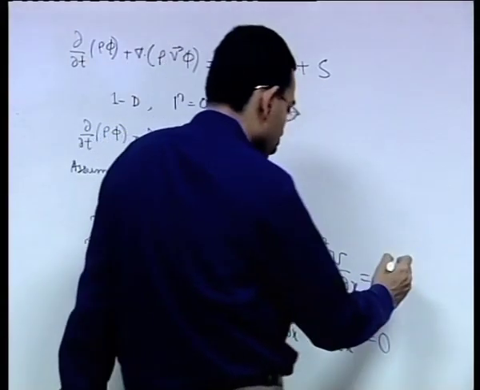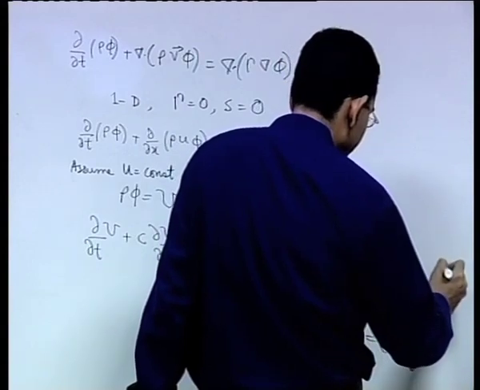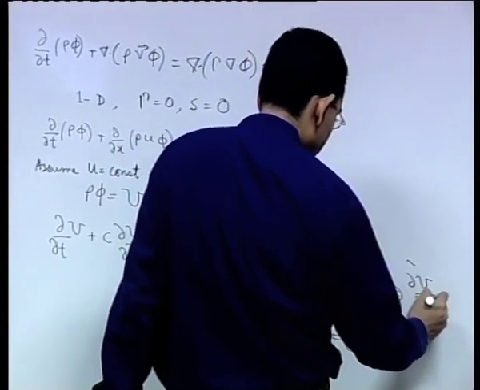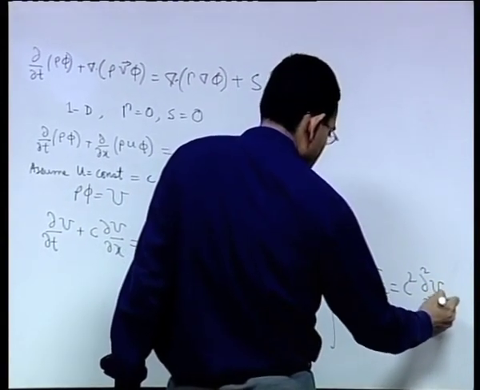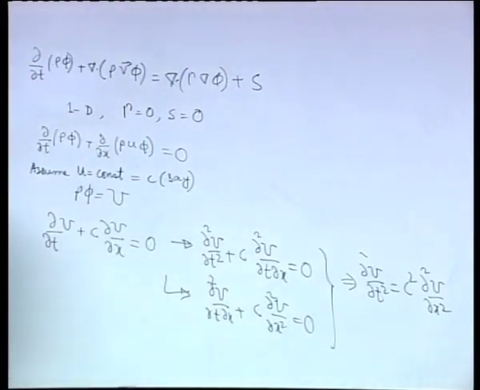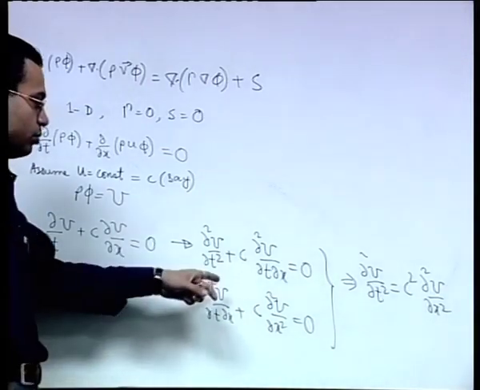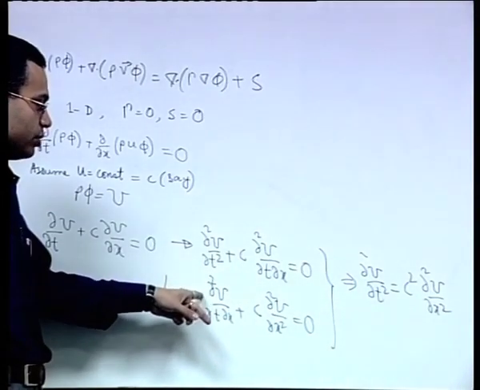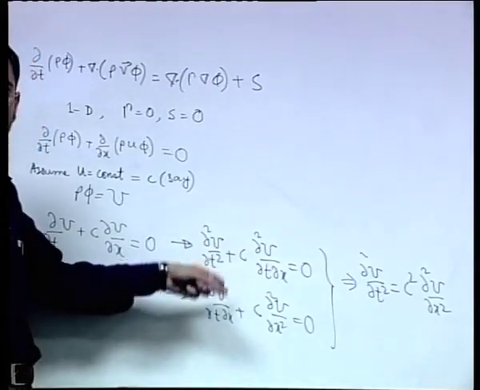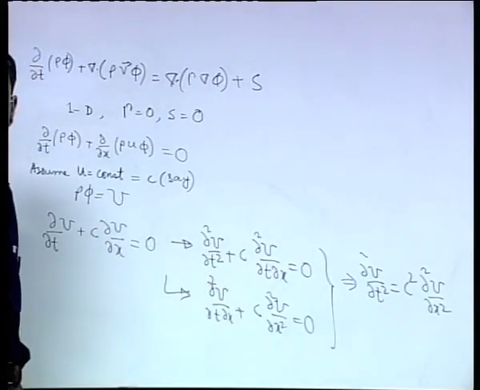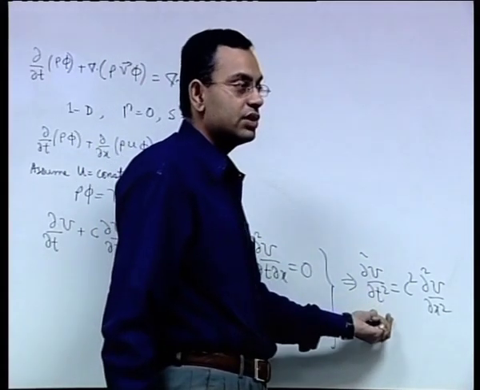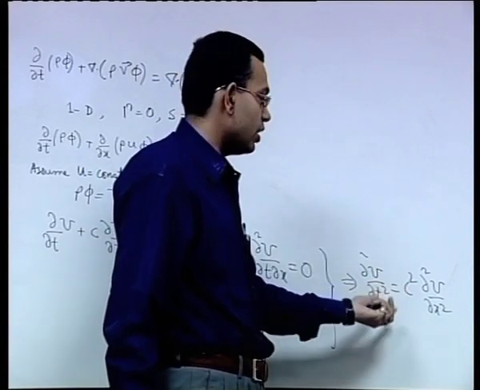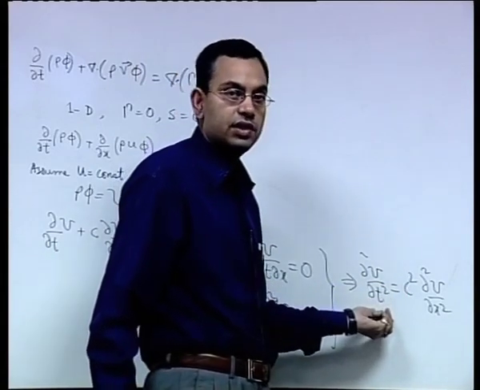If you combine these two, you can multiply the second equation by c and then subtract these two. So, this is the prototype hyperbolic equation that we have earlier seen in the context of classification of second order partial differential equations.